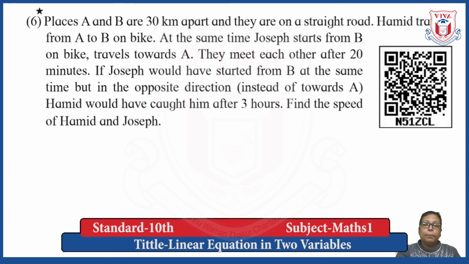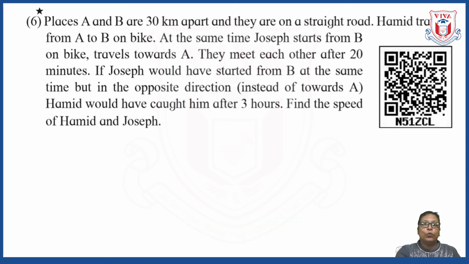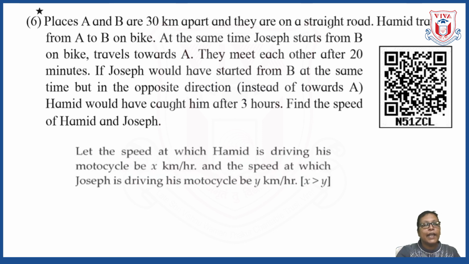Before that, make use of the last statement to write down the variables x and y. We have to find the speed of Hamid and Joseph. So their speeds we will take as x kilometers per hour and y kilometers per hour. Always make use of the last statement to write down the unknown variables. Okay, so let's start with that.